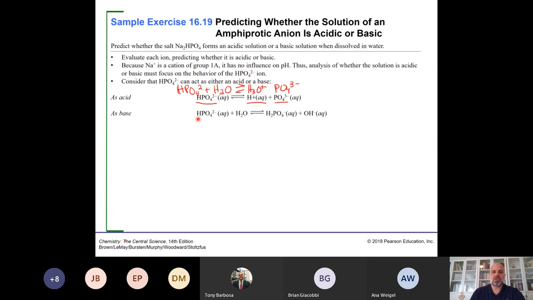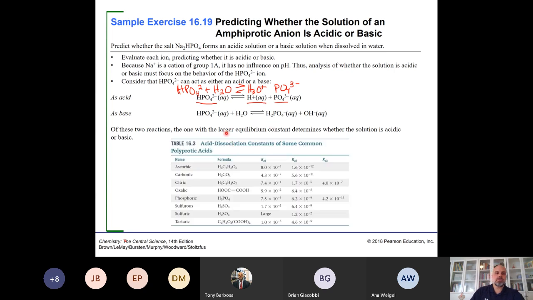When it acts as a base, it's generating base in solution. So we have two different reactions. We now have to look at the equilibrium constants of each of these reactions to determine whether the solution is acidic or basic. The first one is going to be a Ka, and the second one is going to be a Kb.